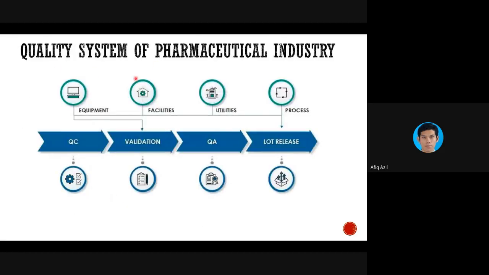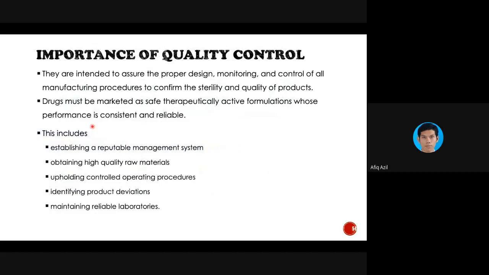So, the quality system of a pharmaceutical industry. You have your QC, validation, QA, and then only can the product be released to the market. So the importance of QC or quality control: it will assure proper design.